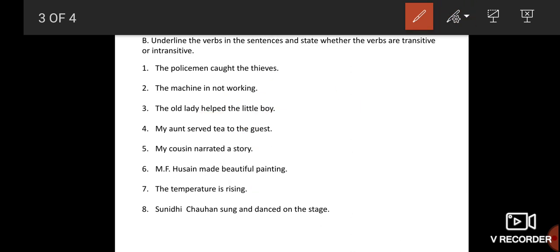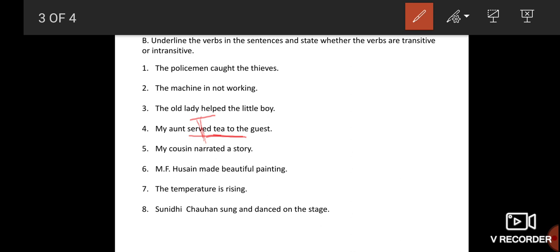Next sentence, my aunt served tea to the guest. Served. This is a transitive verb. Transitive. Why? My aunt served. It requires an object. And what is the object here? Tea.